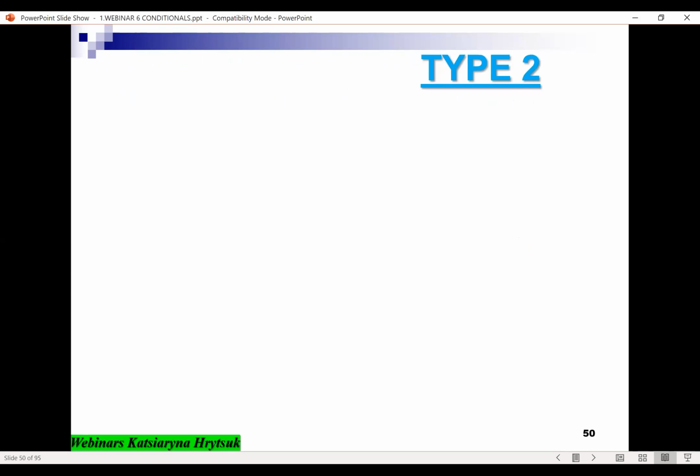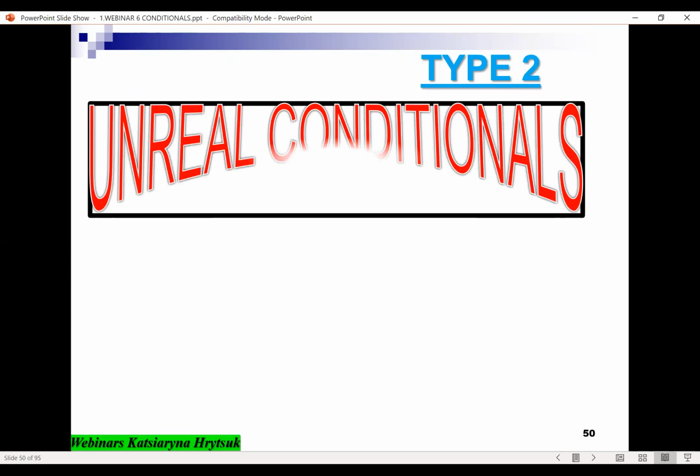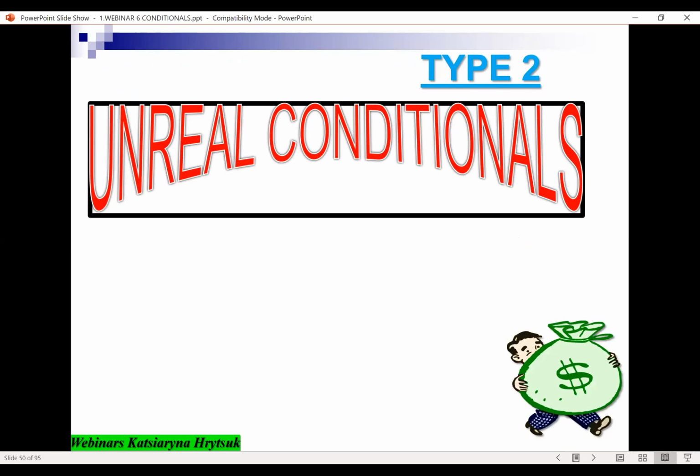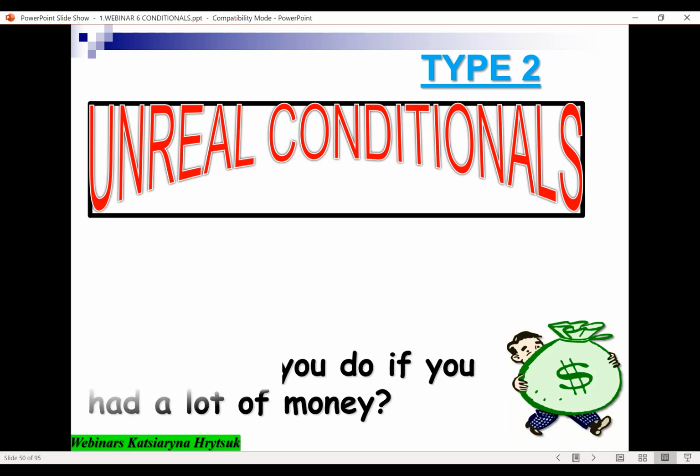Okay, so type 2 conditional. Before we were talking about real situations. Now, unreal conditions. Something you imagine in your head, you dream about, you use type 2.